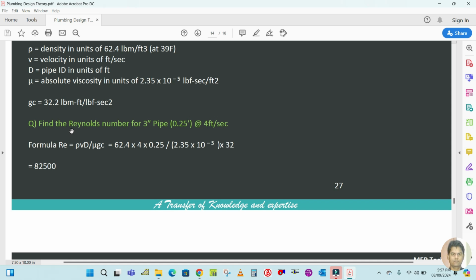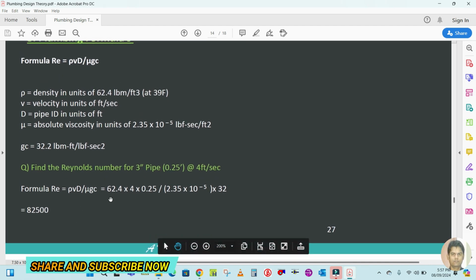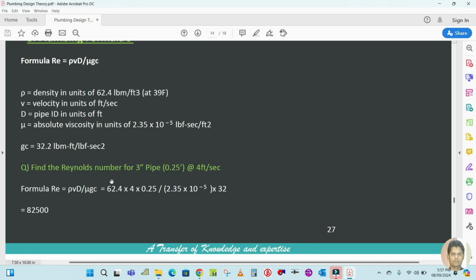You can see the question: find the Reynolds number for a 3-inch pipe, which in feet is 0.25, at a rate of 4 feet per second. Put these values in the formula and you can find the Reynolds number. The pipe diameter is already given.